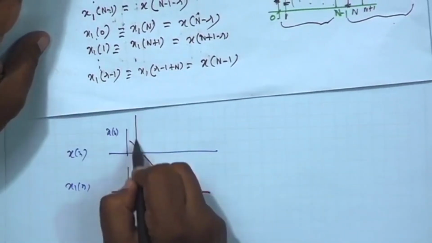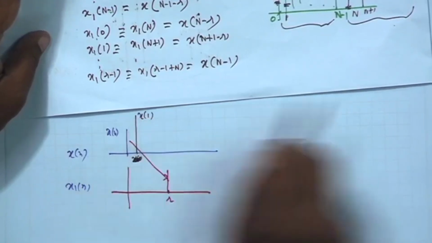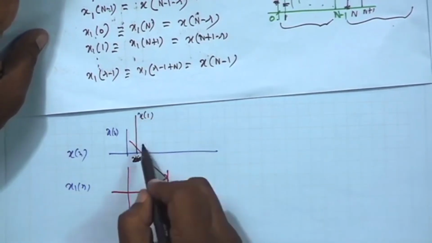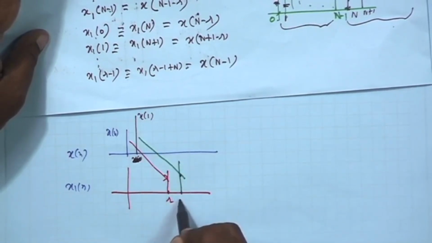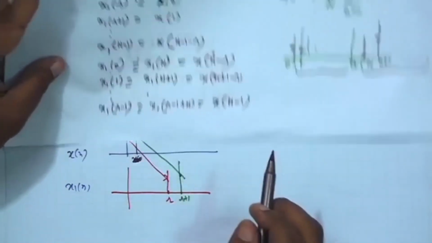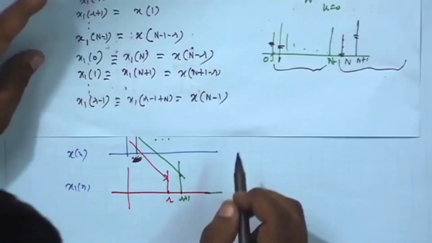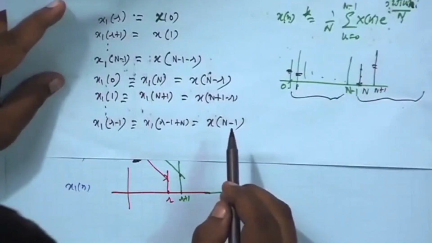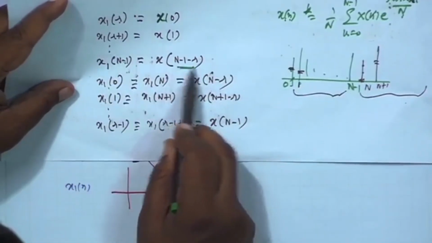Then I had x 1, sorry, x 1, it will go to the r plus 1th point, dot dot dot, x 1 n minus 1, which will come to n minus 1 minus r.